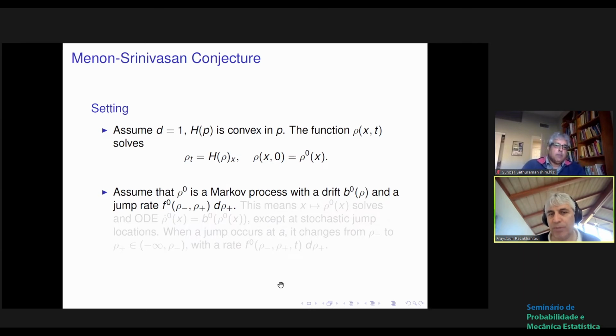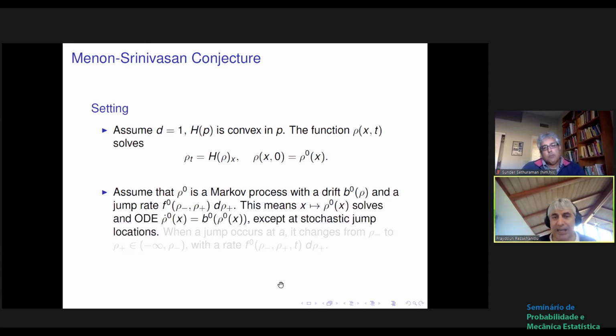Though occasionally you make this Markovian jump. There's a kernel that will tell you how long to wait until a jump occurs. And when the jump occurs, it says with what probability you select a new state, rho plus, if the value is rho minus. So again, this means that between the jumps, you solve this ODE.